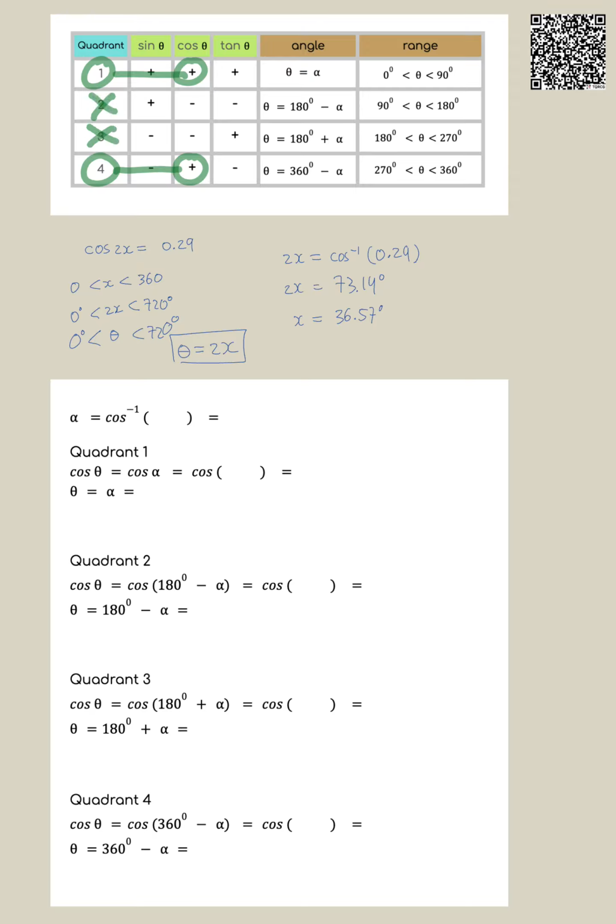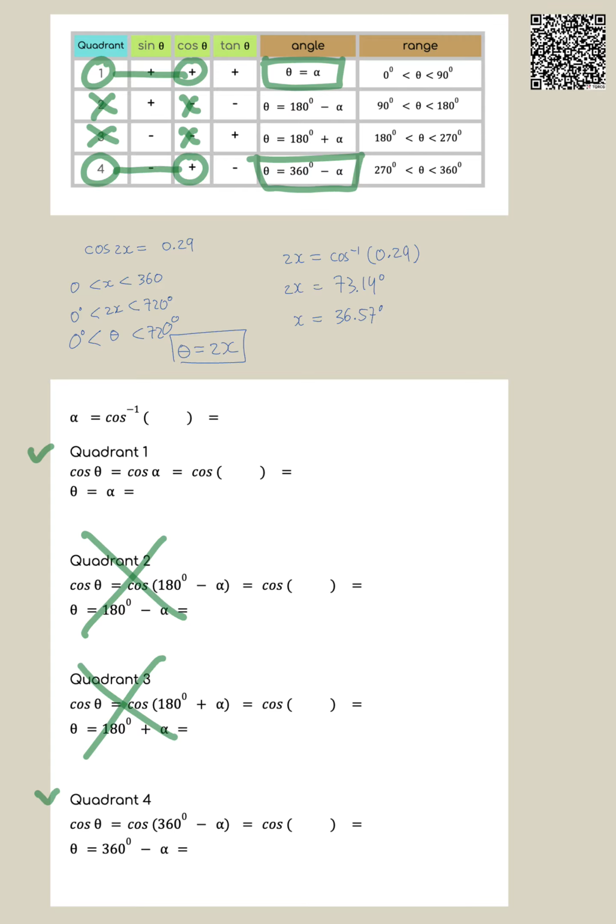On my pattern here, we simply cross out quadrant 2 and quadrant 3, because using them will be wrong as the cosine value will be a negative number. The angle we use for quadrant 1 is theta equals alpha, and for quadrant 4 theta equals 360 minus alpha.